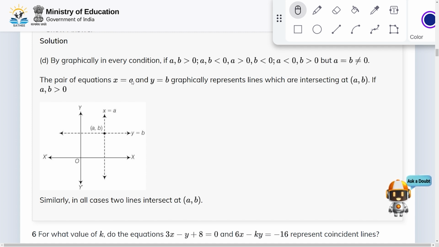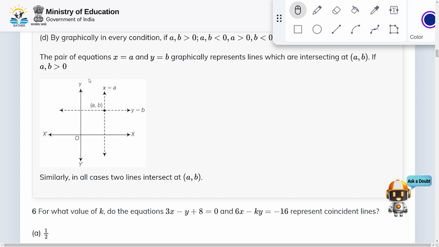If a comma b is greater than 0, you can represent it by this graph. This is our x-axis, this is our y-axis, and the point a comma b is here. The line y equal to b is represented by this line, and x equal to a is the line parallel to the y-axis, represented by this line.